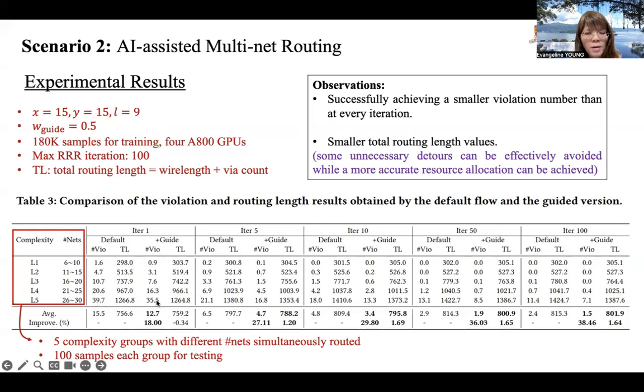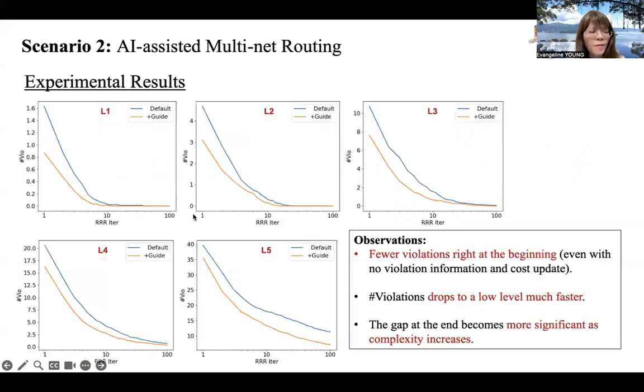This one is 39, this is 35. Right at the beginning, we already have fewer violations for all the cases. Then when we proceed, at iteration 10, this one is 18, 13, and at iteration 100, this one is 11, and this one is 7. So we can see the violations dropping consistently for all the cases.